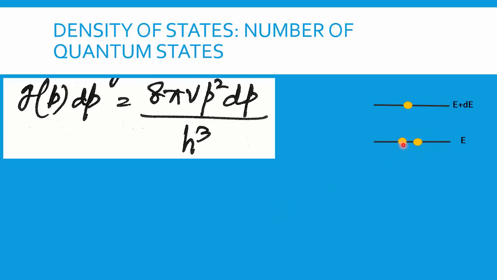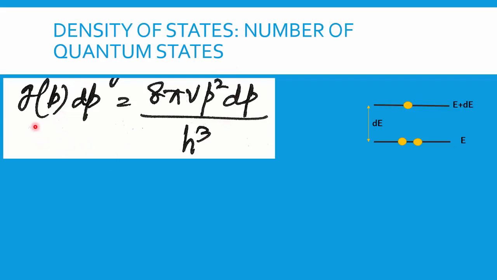In the first energy level you have 2 particles, and in the second higher energy level you have 1 particle. And the energy gap, that means the energy interval, I can say as dE. If I ask how you will calculate the number of quantum states for this example, will you use this formula? I would say no. Why?